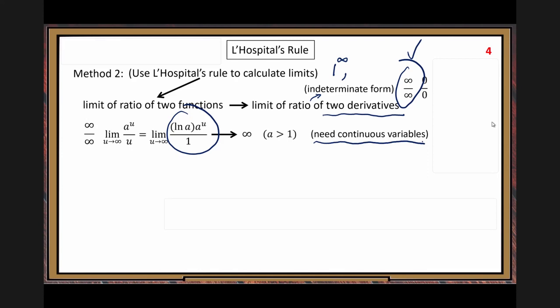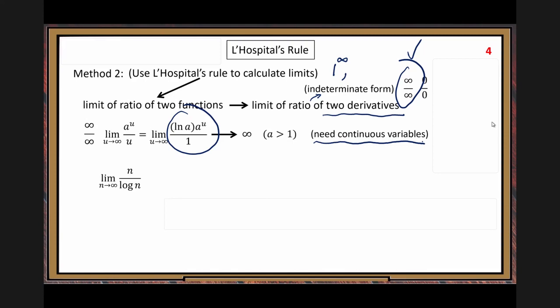A discrete variable takes discrete values, like 1, 2, 3, 4, 5. A continuous variable's value changes continuously, from 0 to 1, anything in the middle we can take as its value. That's continuous change.